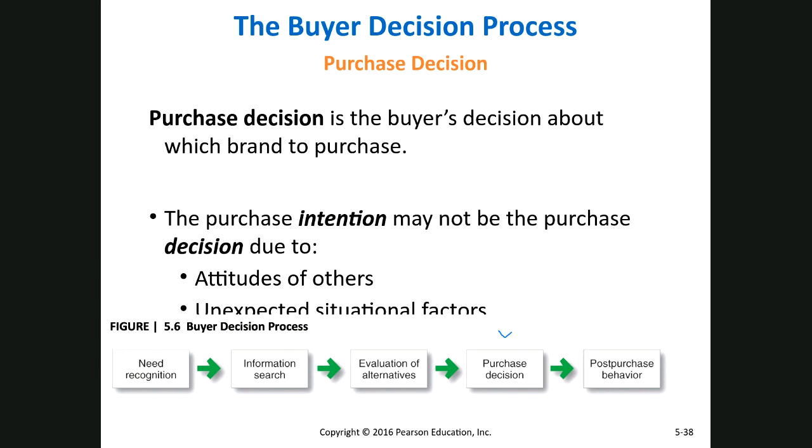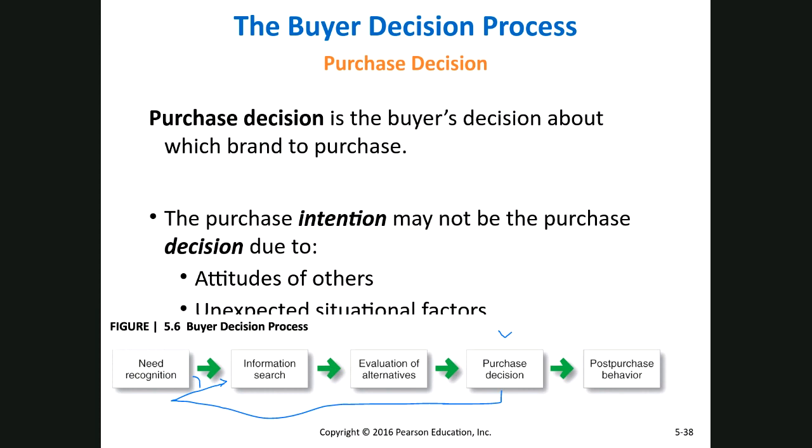So once the evaluation is complete, you generally will buy the most preferred brand. However, you may choose not to buy at all, and you may loop right back around to an information search, or you may loop around to a need recognition.